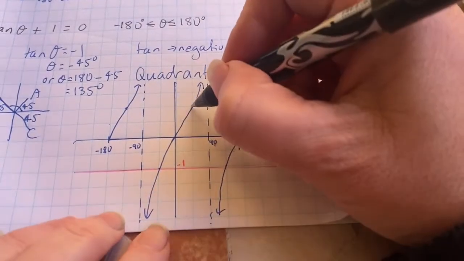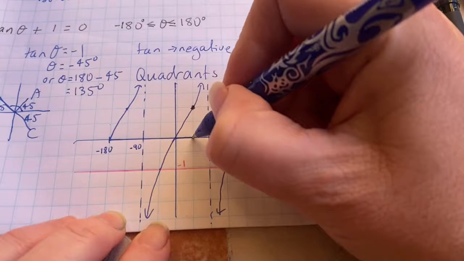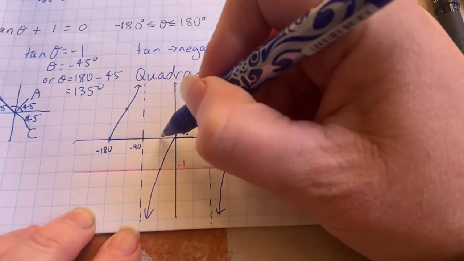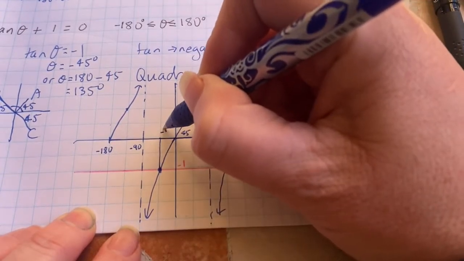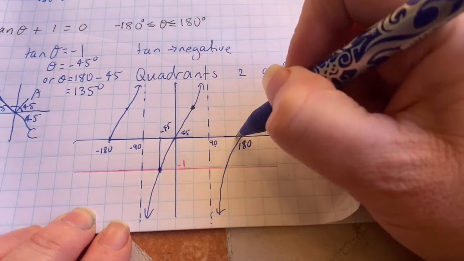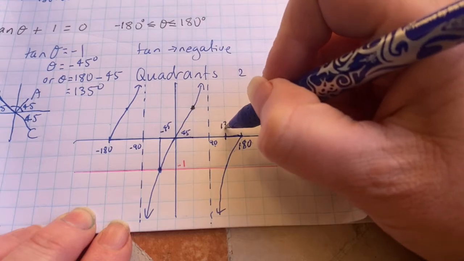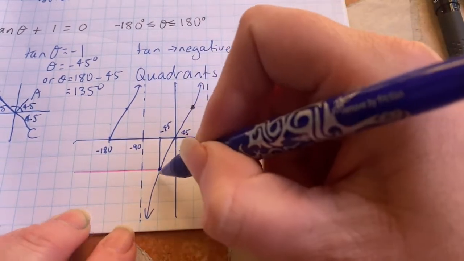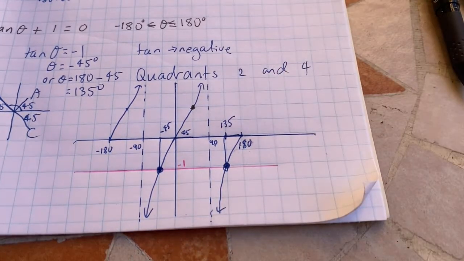So that means to here, this distance is 45 degrees. That gives me positive 1, which means that this distance for this point is going to be negative 45 degrees. It also means this distance here is also 45 degrees. So there's our 135 that gives us that second solution. So there's our two solutions, negative 45 and 135.